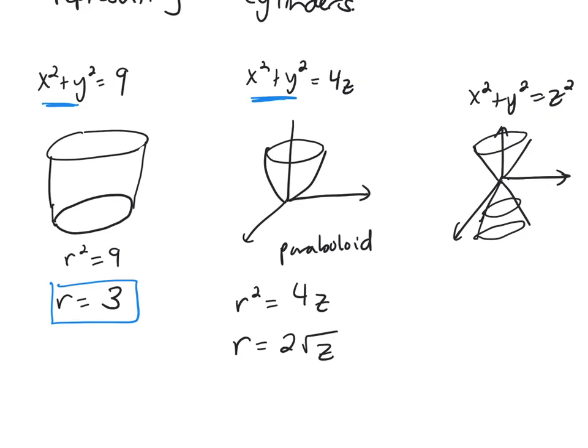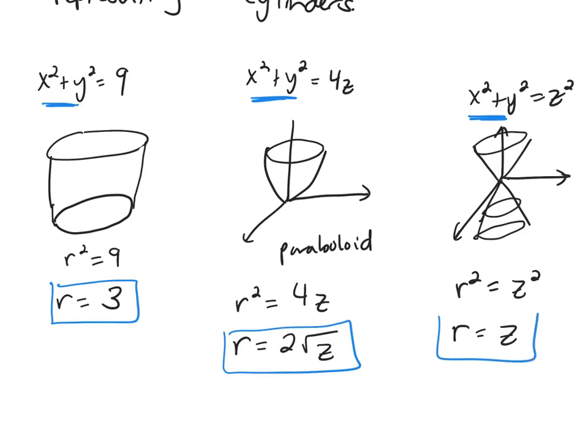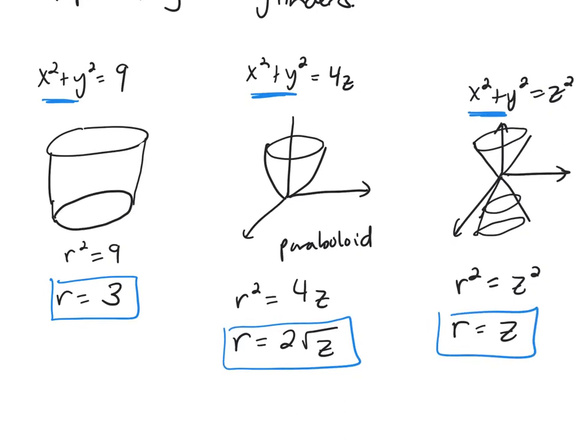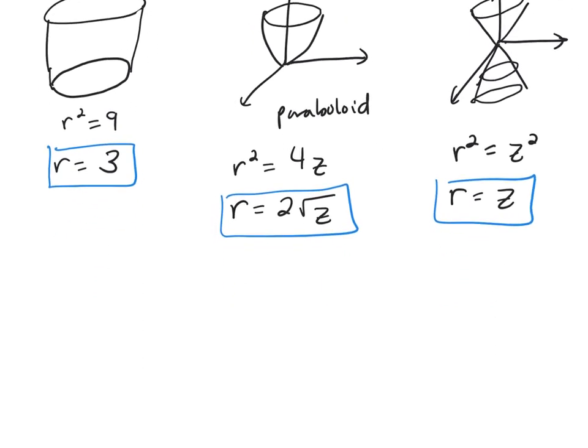If I convert this to cylindrical coordinates, the equation would be r squared equals z squared. And you take the square root. Again, you don't have to worry about plus or minus with r. r will be equal to z. So if you look at all these equations now, they're much nicer than the equations we started with. They're more simplified, they're easier to handle, and so cylindrical coordinates is very nice for these kinds of shapes, these surfaces.